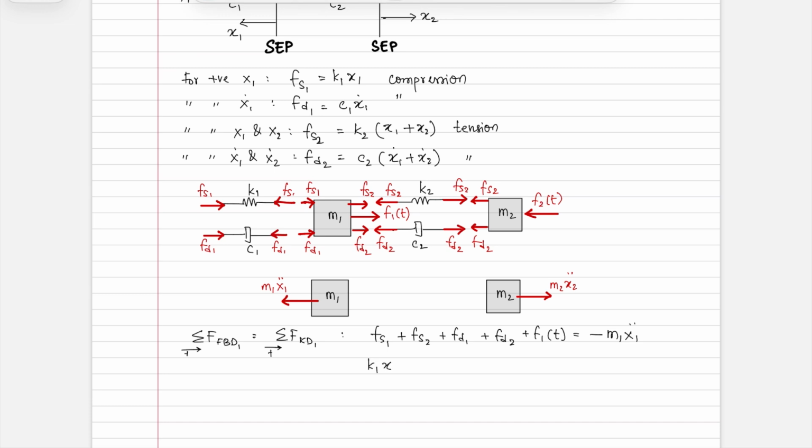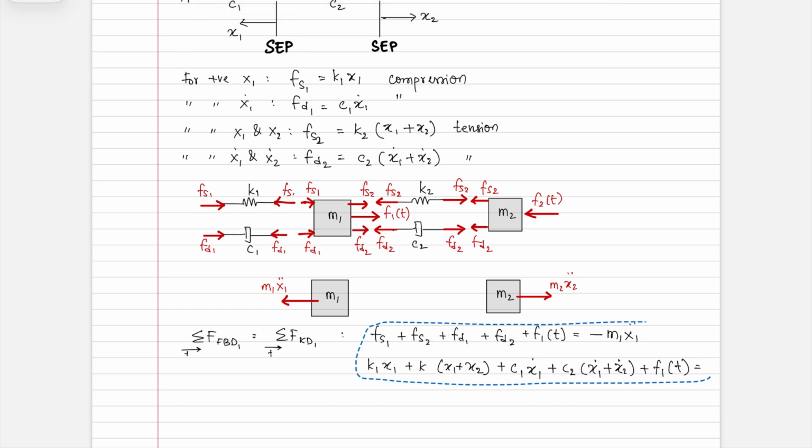You have k1 x1 plus k2 x1 plus x2. fd1 is c1 x1 dot. fd2 is c2 x1 dot plus x2 dot, plus f1 of t is equal to this minus m1 x1 double dot.